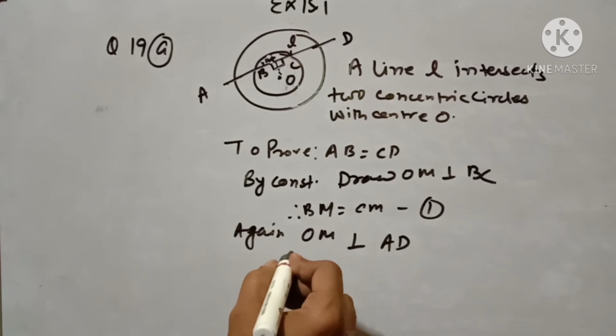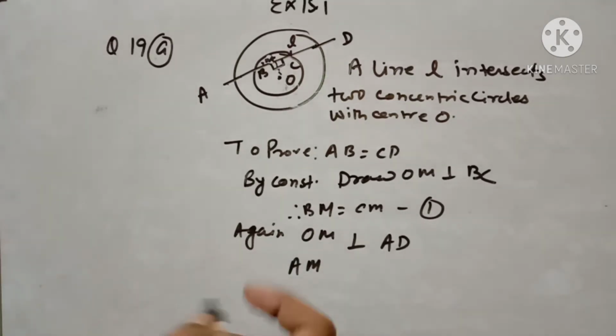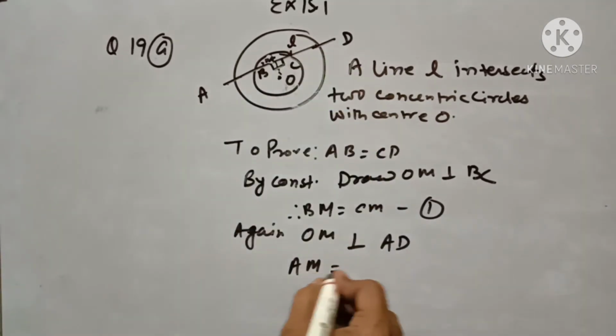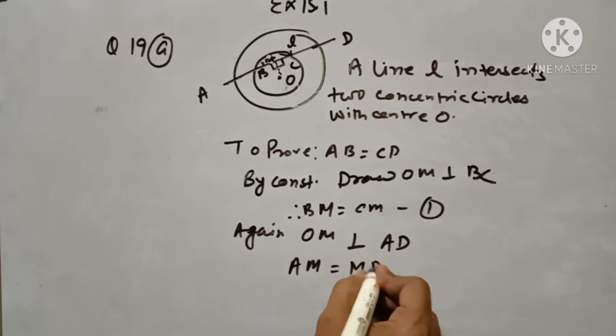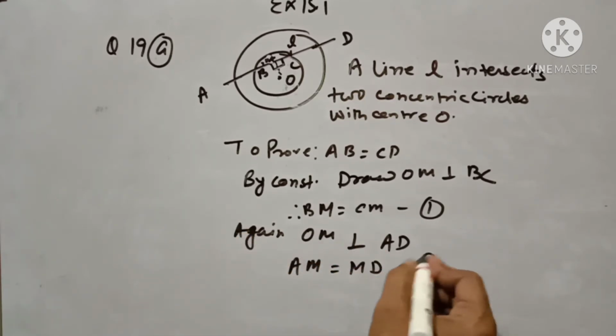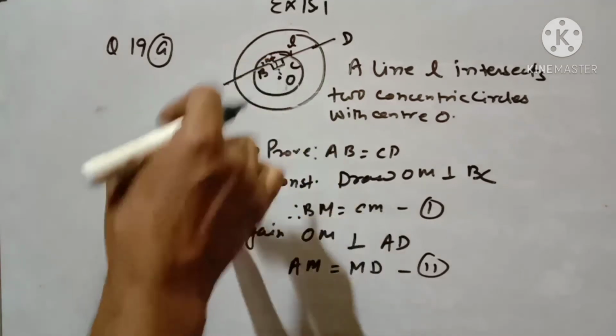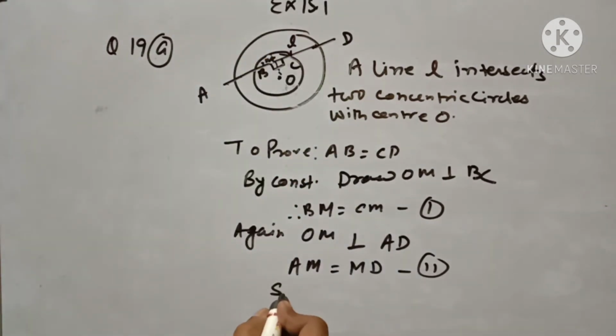Therefore AM equal to MD. Let it be equation number 2. Now, not substitute, better you subtract. We have to subtract 1 from 2.